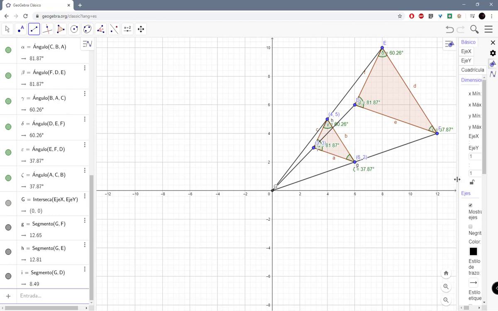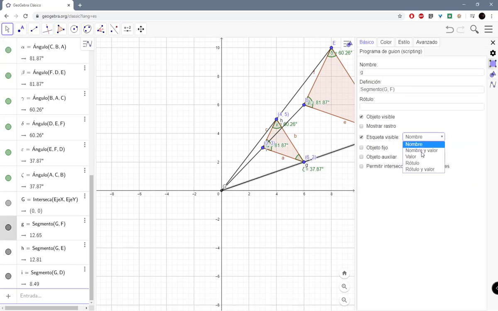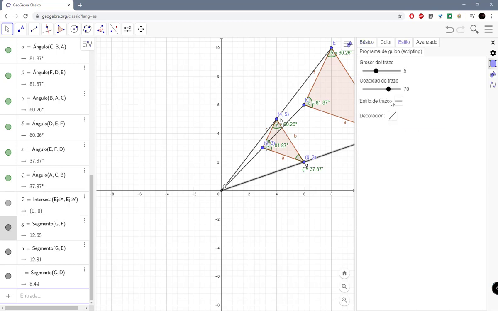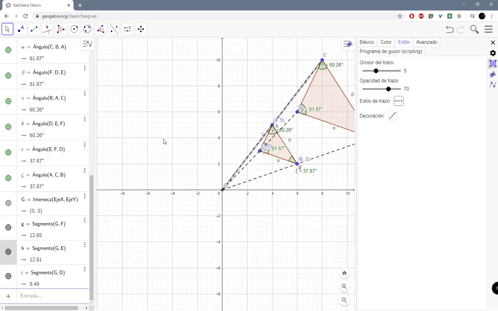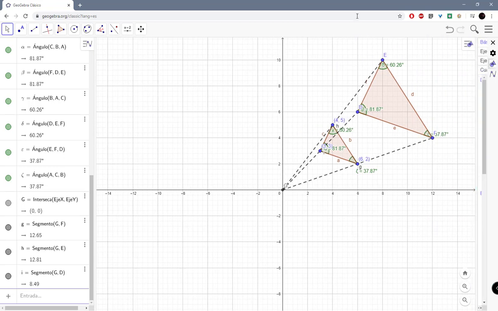to that. Let me make the lines a little bit prettier. So you see, it's like you have a light here, you have this triangle, and this is the shadow.